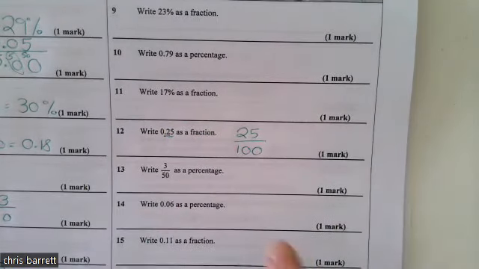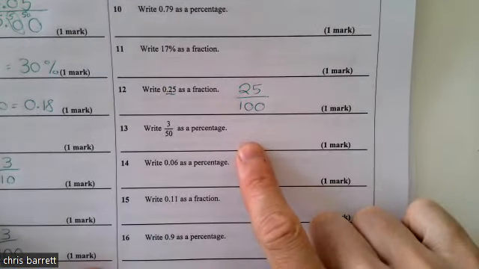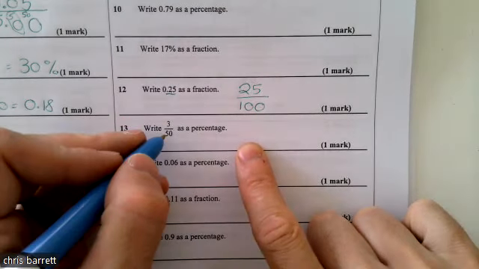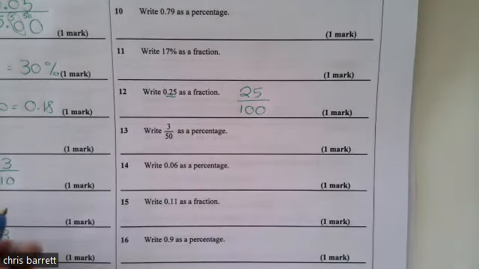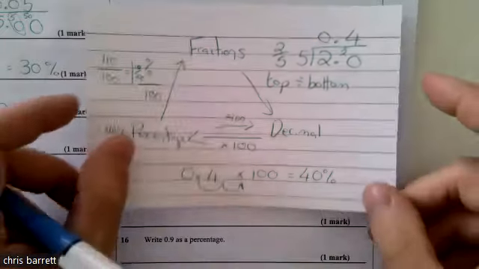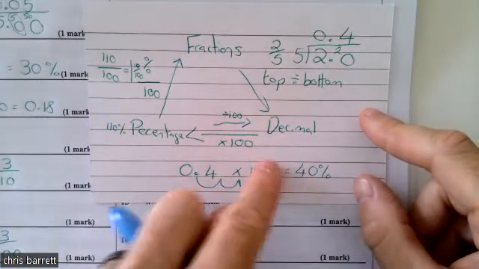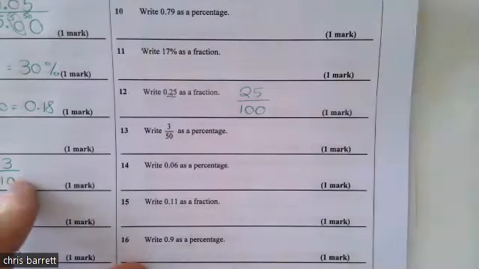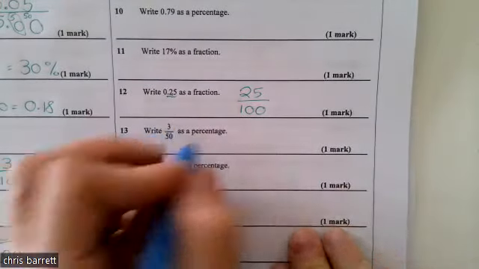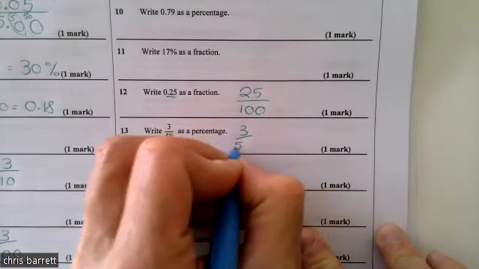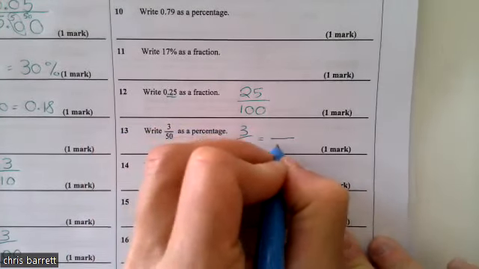Okay. Last ones then just to have a look at is when you've got a fraction to a percentage. So some fractions to a percentage, you're going to need to follow this route round and go fraction to a decimal, decimal to a percentage. But also look for little tricks as well and say, right, I know percentage is out of 100 in total.